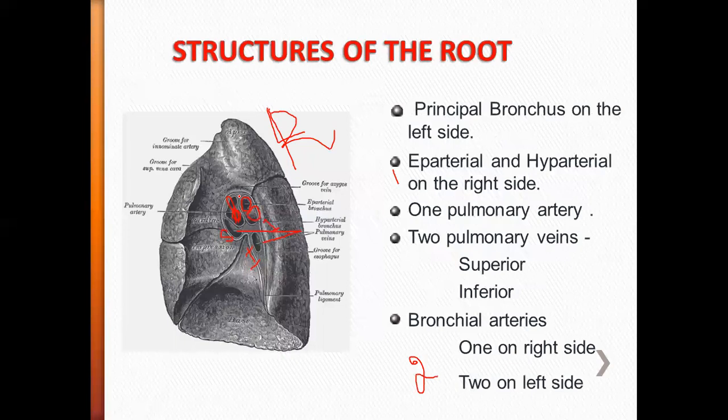Okay. So once again, I will tell you the structures which are present in the root of the lung or hilum of the lung. So what are they? In case of right side, we'll be having two bronchus, eparterial and hyparterial bronchus. Okay. Then one pulmonary artery. Then two pulmonary veins. Then one bronchial artery.